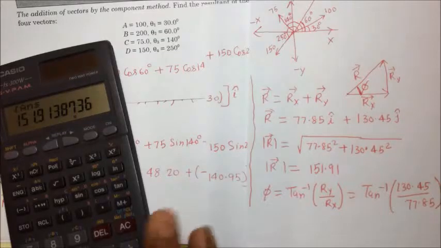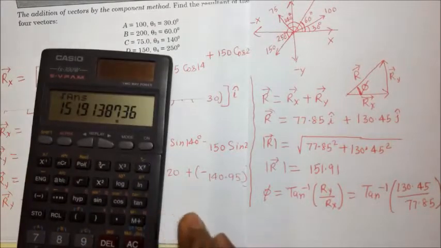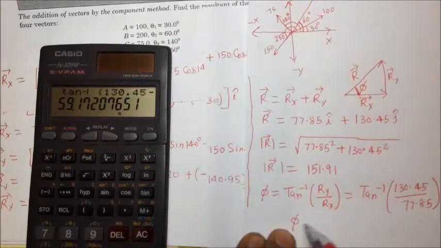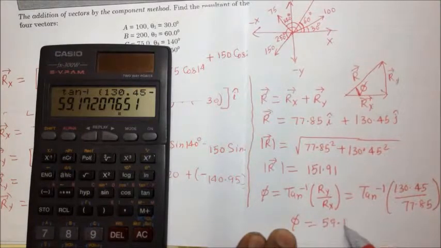If you calculate this, phi is equal to 59.17 degree.